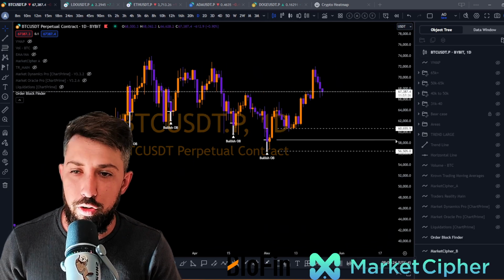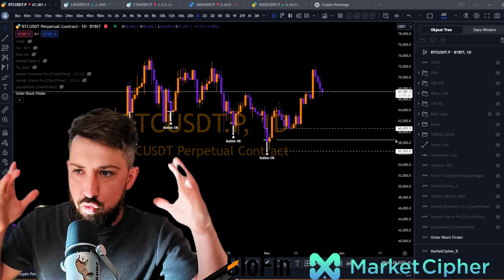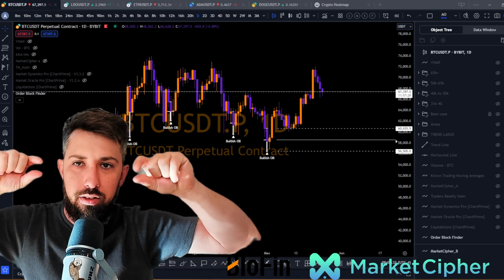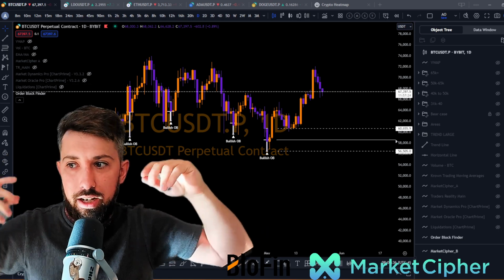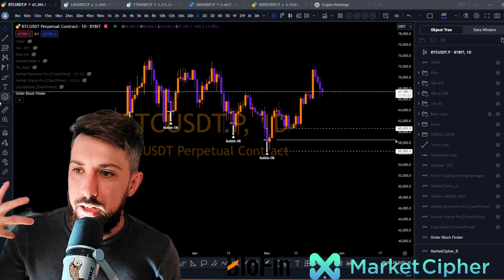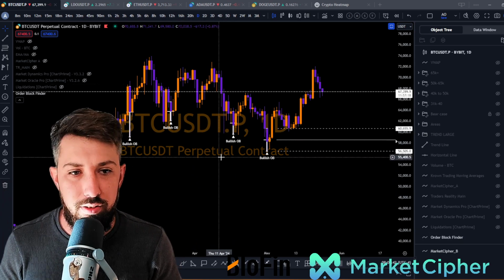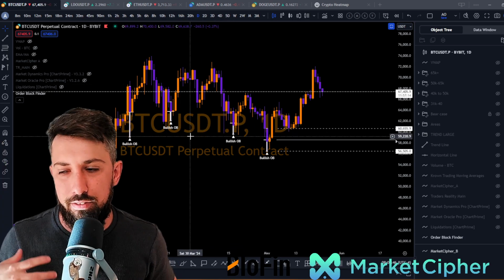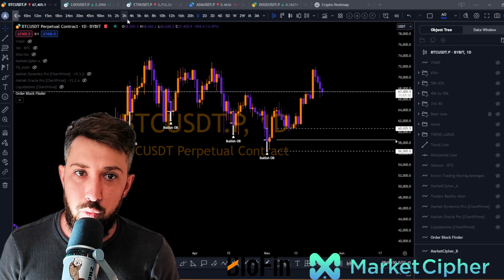So with an order block, what is an order block? An order block is a specific range or area in the chart where I think significant institutional buying or selling has occurred. This indicates strong support or resistance levels. So price typically comes back to these levels, and we can identify them and look for potential trade setups within them.